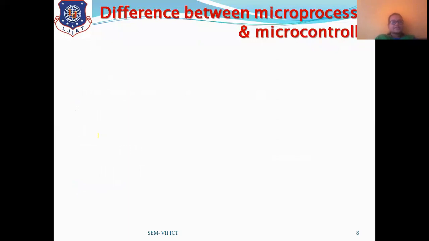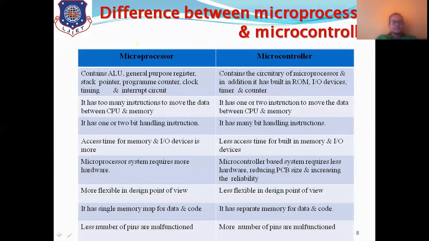Now, the next topic that we are going to discuss is the difference between processor and controller, right? This is an important topic from the exam point of view also. Clear? So, this is the basic difference between processor and controller. Now, the first difference: a processor contains ALU, GPR, that is general purpose register, stack pointer, program counter, which is PC, clock timing, and interrupt circuits.